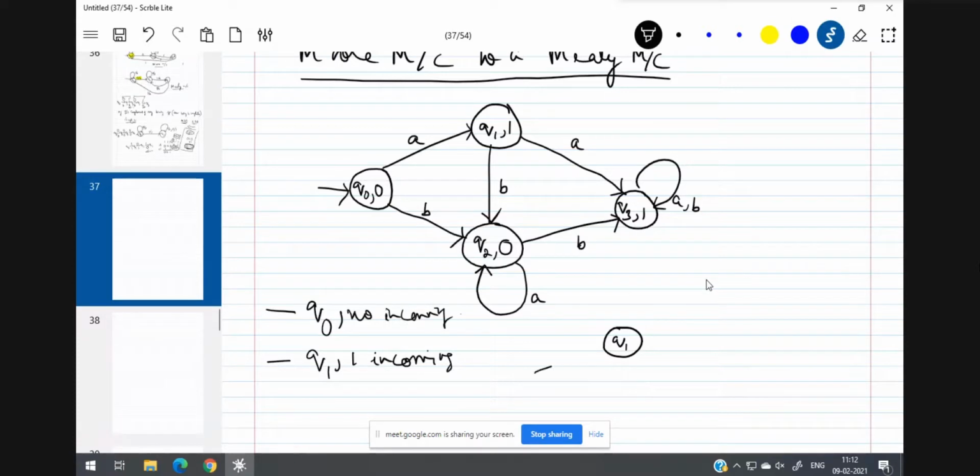One incoming is there from Q naught, with input symbol A, and the corresponding output value attached to state Q1 is 1. So this will be designated here as A by 1. This is the way of converting Moore to Mealy. Now this is not yet completed.